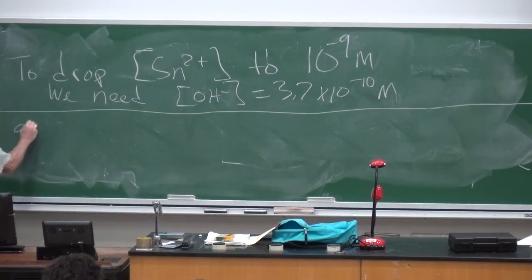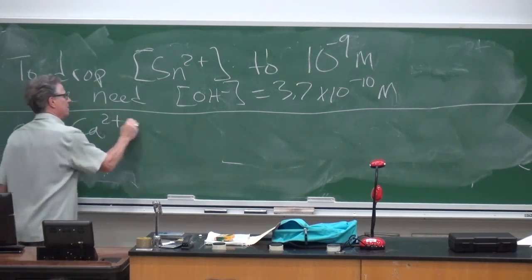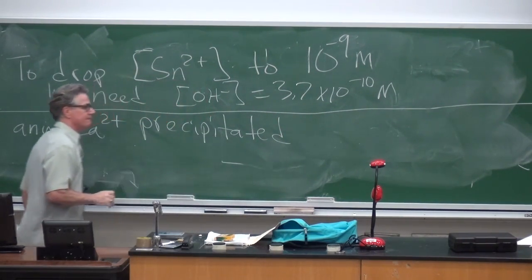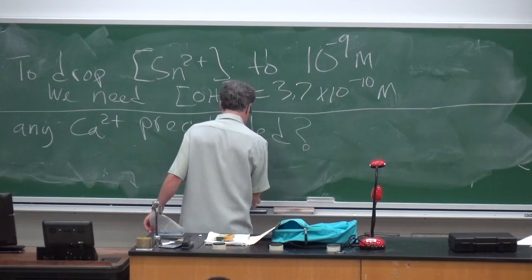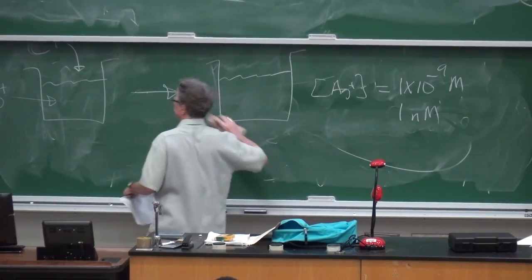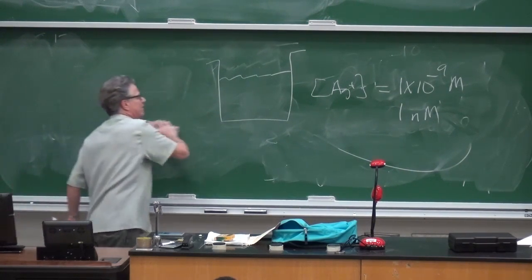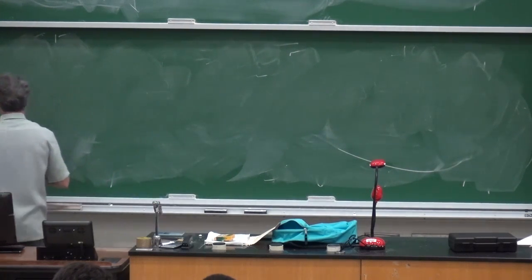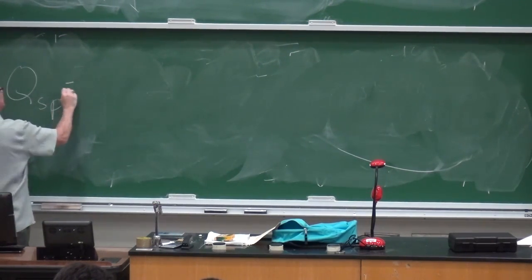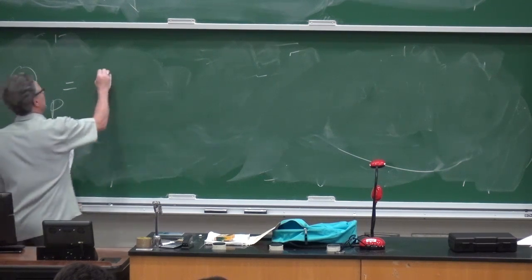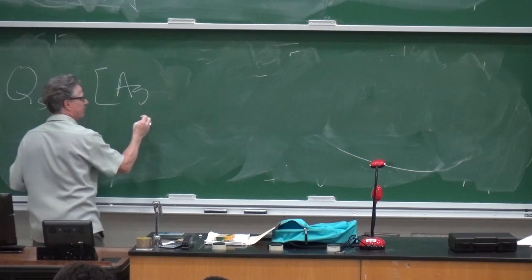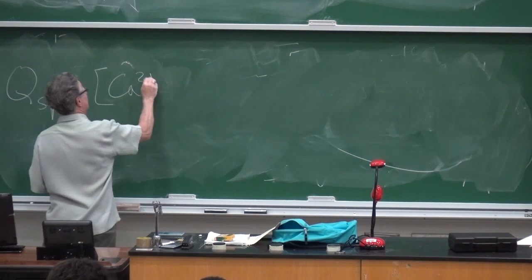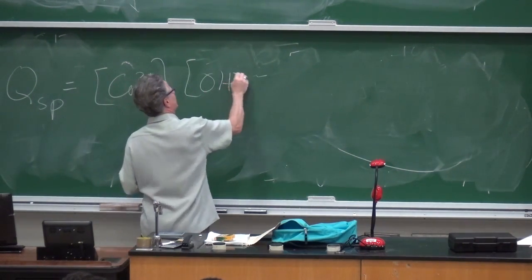has any calcium precipitated? And you can answer that question by writing QSP. So QSP in this example is the concentration of calcium times the concentration of hydroxide squared.